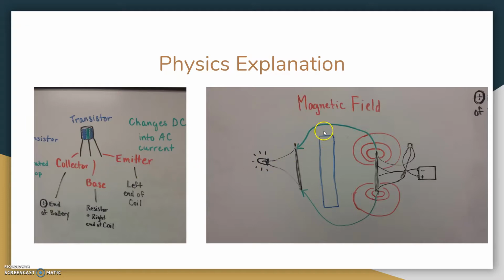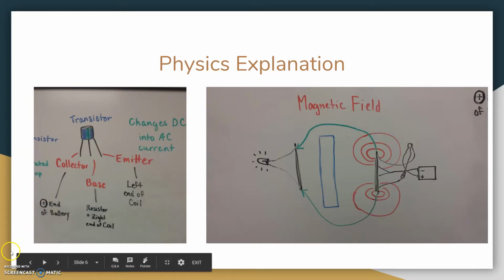Yet, because there is no receiver loop in this circuit currently, there is no area in the magnetic field, and therefore there is no magnetic flux. However, when a receiver loop is introduced in the circuit, the oscillating magnetic field of the transmitter loop produces a changing magnetic flux in the receiver loop with a constant area.